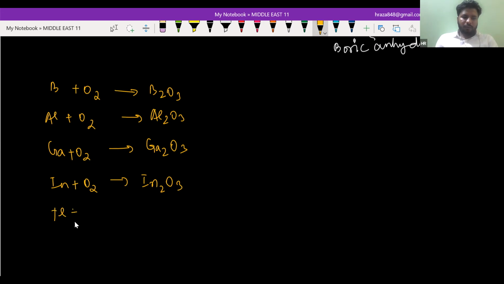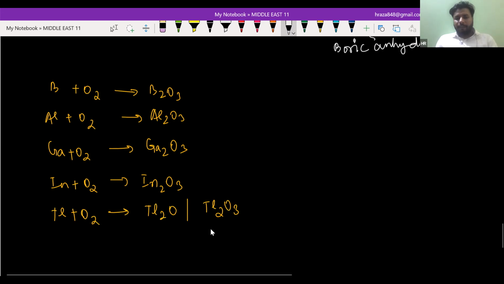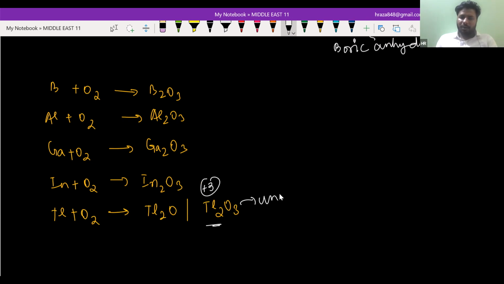And in case of thallium, it will be Tl2O. If you write Tl2O3 and check its oxidation state, +3 is unstable, and Tl2O is stable because it has oxidation state +1.